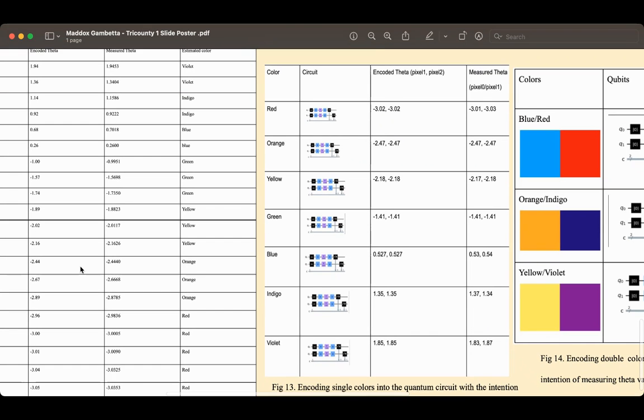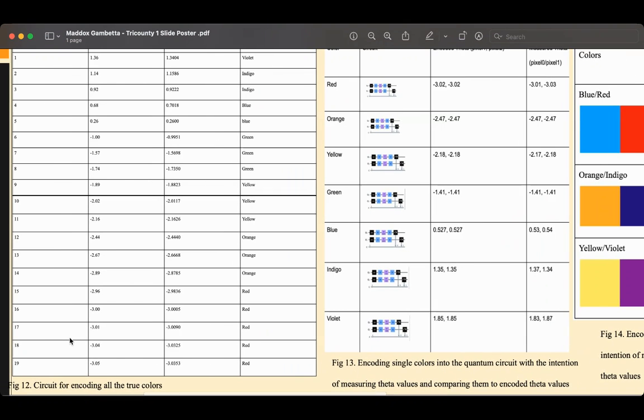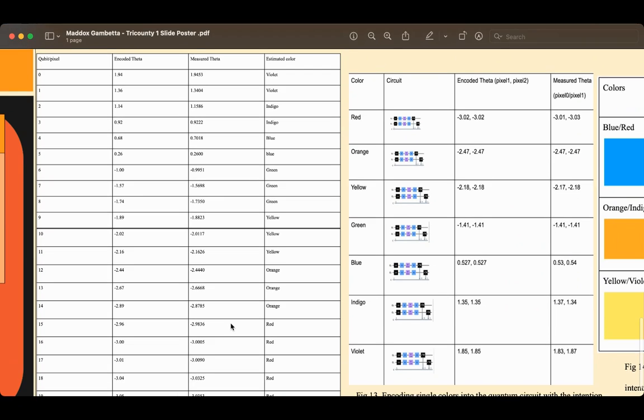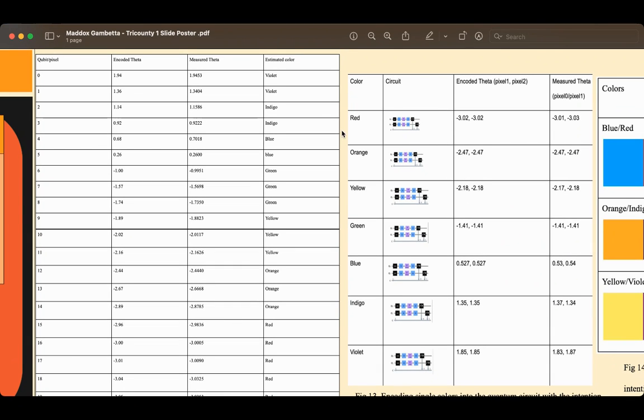For example, negative 3.02, if you were to go onto the quantum circuit for encoding all true colors, if you look between 18 and 19, you could estimate that it was probably red.